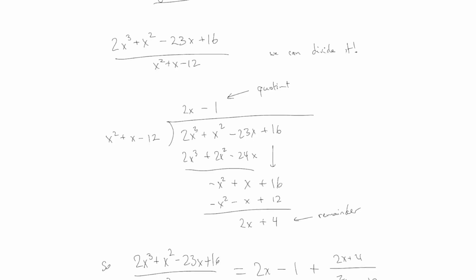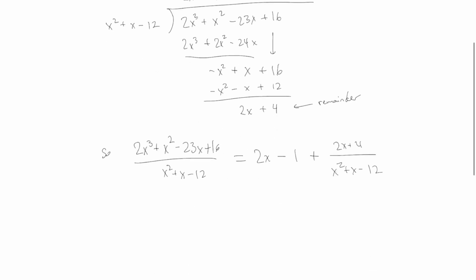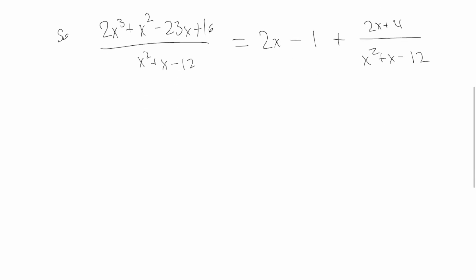All right? So the reason why we do this at all is to do the integral of a rational function. Remember, rational function means a fraction with a polynomial on the top and the bottom.